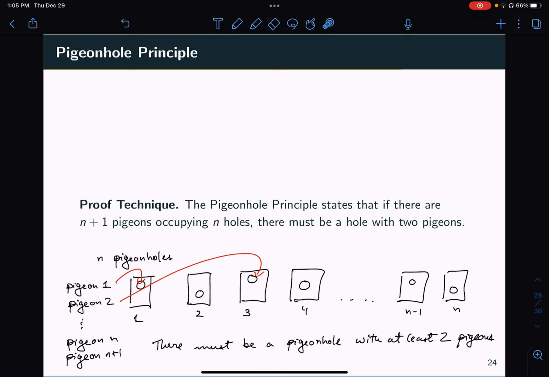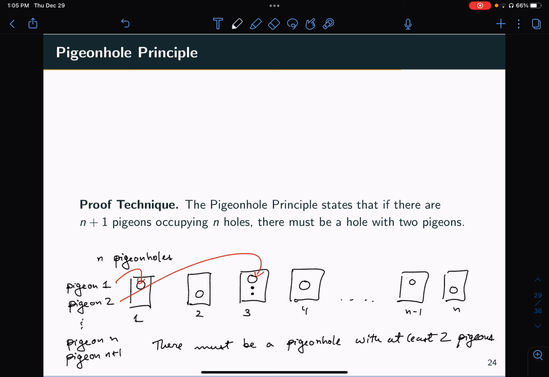And so whatever pigeonhole it chooses, suppose, without loss of generality, it chooses pigeonhole 3, then there's already a pigeon in here, and so the n plus 1th pigeon will also be in this pigeonhole, right? And so there's going to be this particular pigeonhole with 2 pigeons, okay?